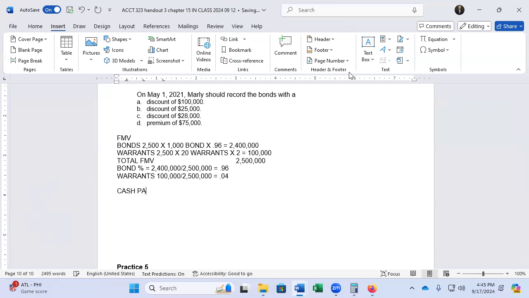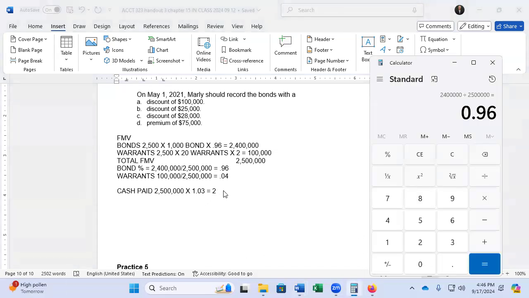So cash paid was 2.5 million. It's 1.03. And so I get 2,472,000. Is that right?